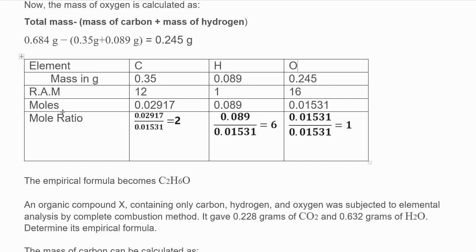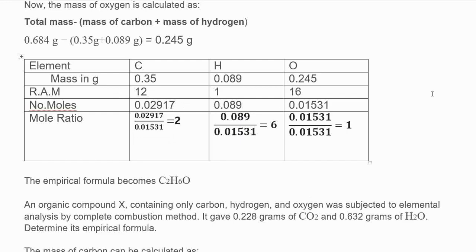Now the next one is the number of moles. How do you get moles? Moles is equal to mass over RAM, or RFM. For this one it is RAM. So 0.35 divided by 12. This is the answer.